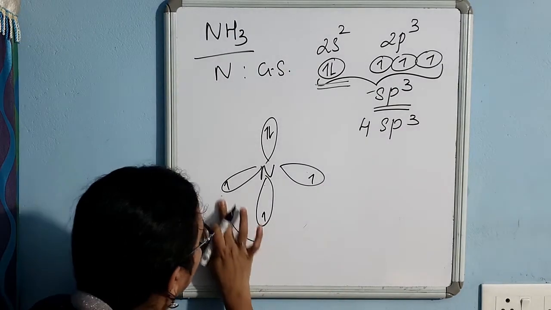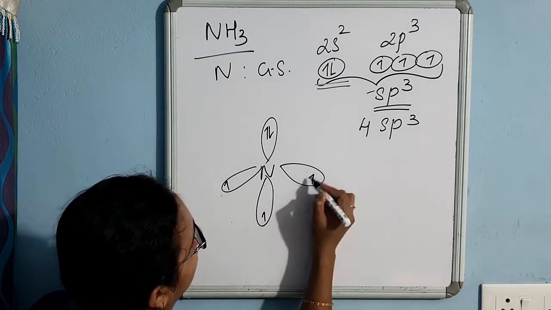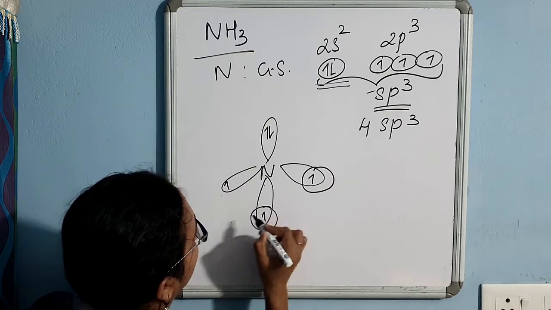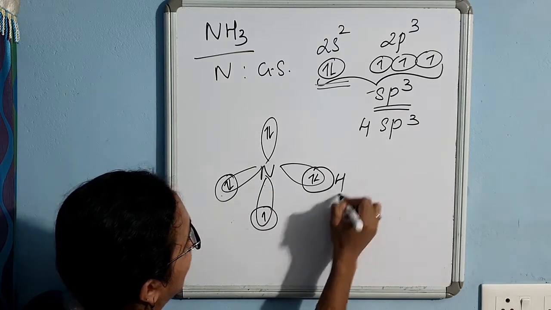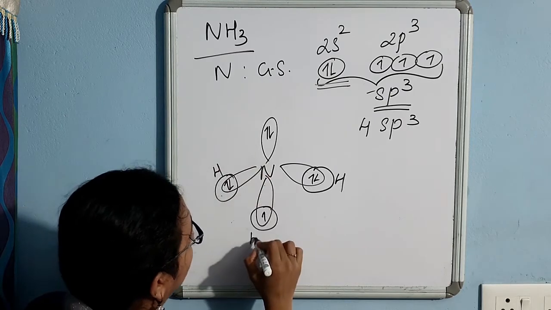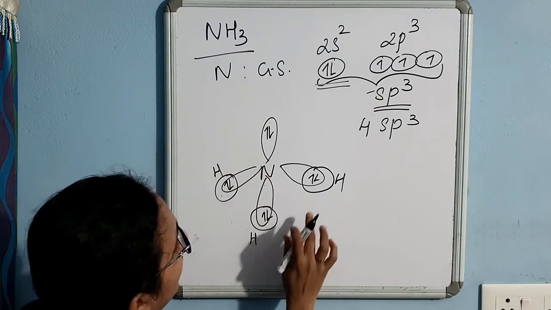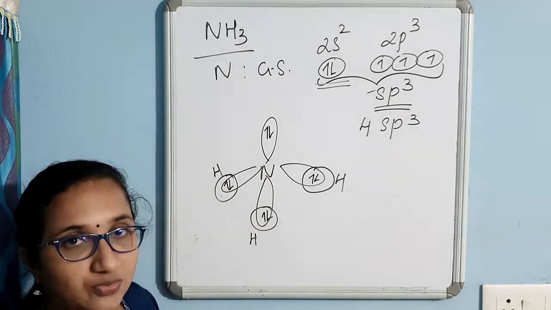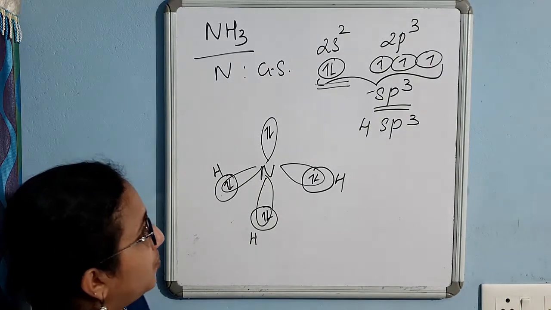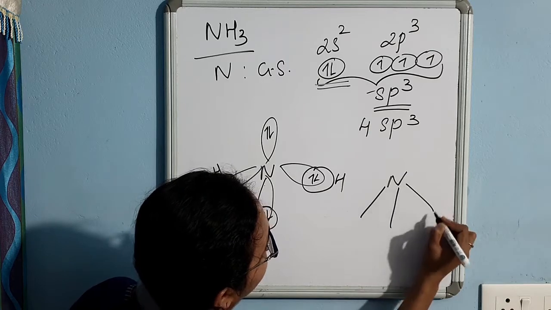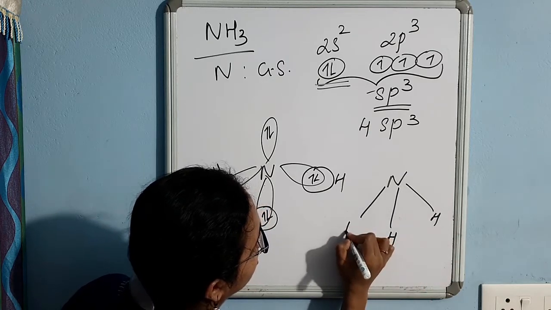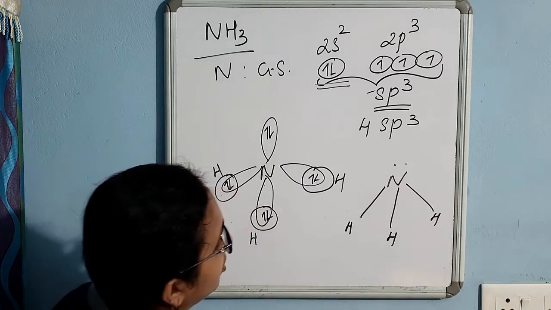Then each hydrogen atom with 1s1 configuration overlaps with the half-filled hybrid orbitals of the nitrogen atom to form a pyramidal ammonia molecule. So this is the geometry of the ammonia molecule.